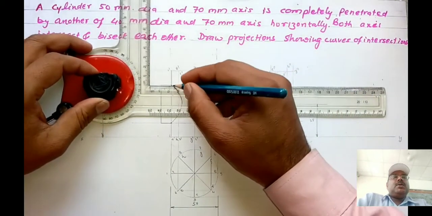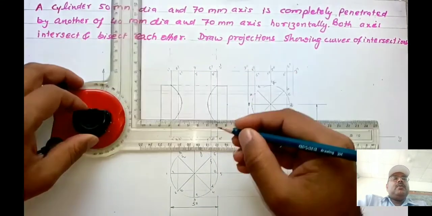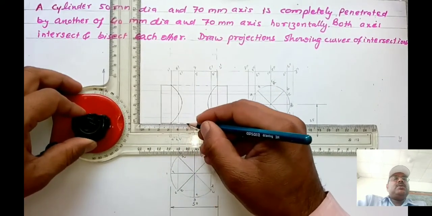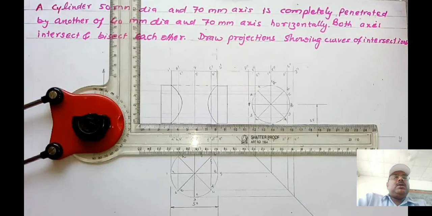Mark the hidden portion with the help of a dotted line. It means this portion is hidden, which is gone into the intersection.